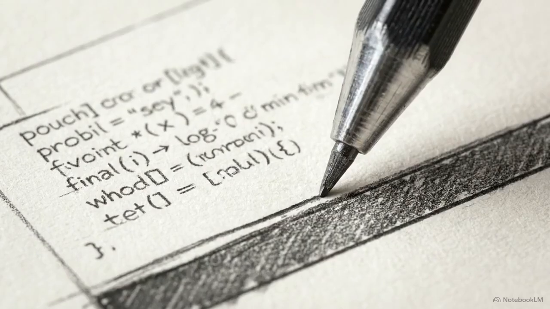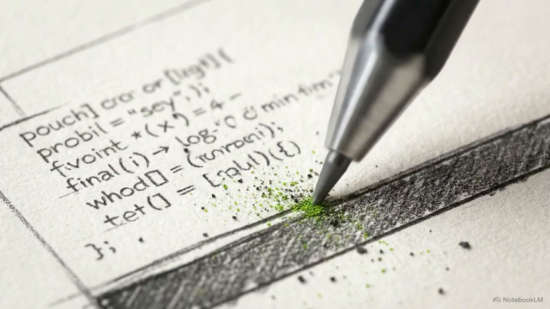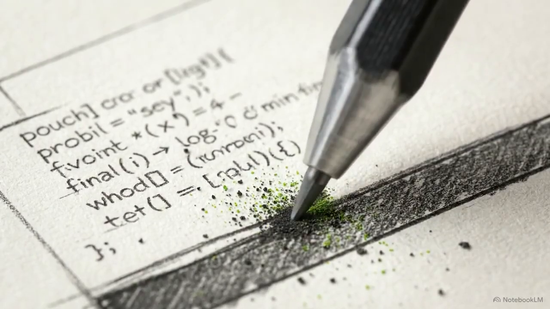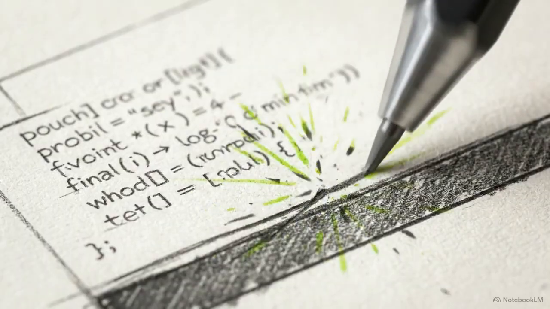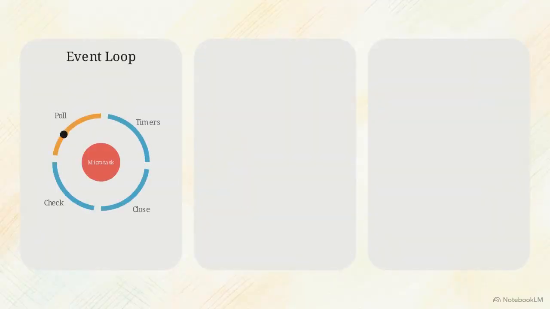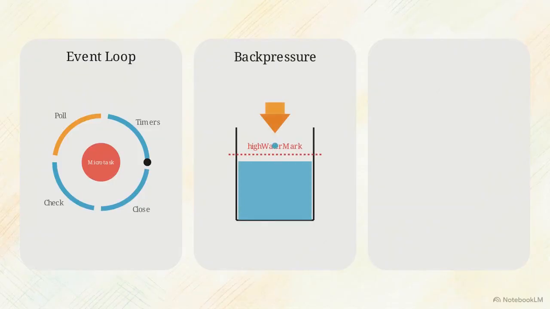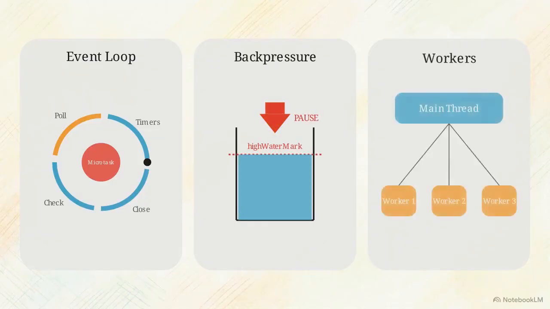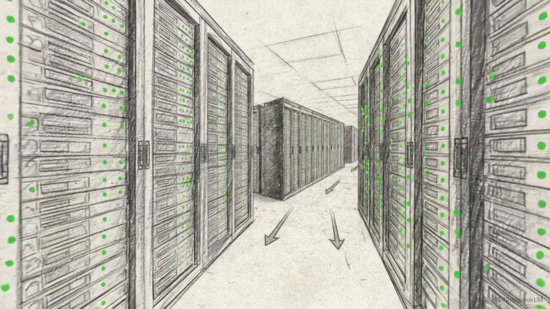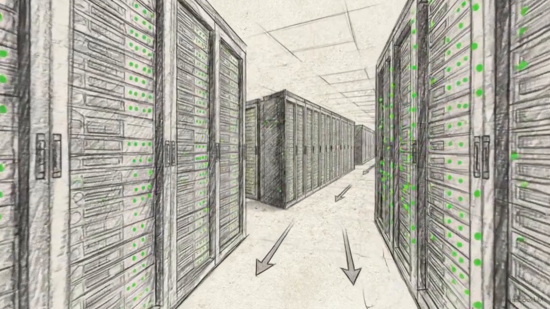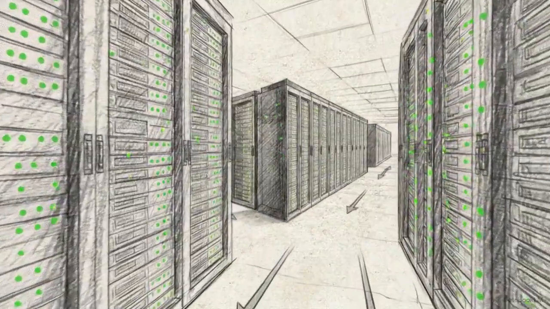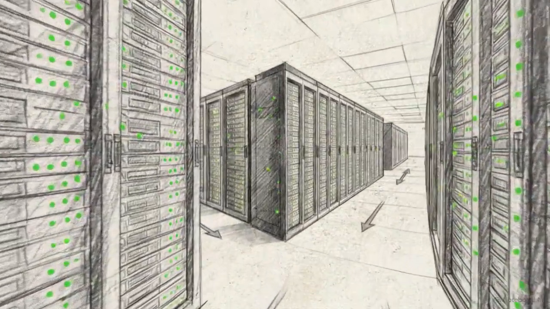Every line of code must be written with a clear understanding of the physical boundaries of the underlying system. Success depends on protecting phase priority in the event loop, controlling data flow limits through backpressure, and routing compute loads to the correct execution context. Mastering this topography allows an engineer to build resilient systems that maintain consistent performance under extreme production traffic.